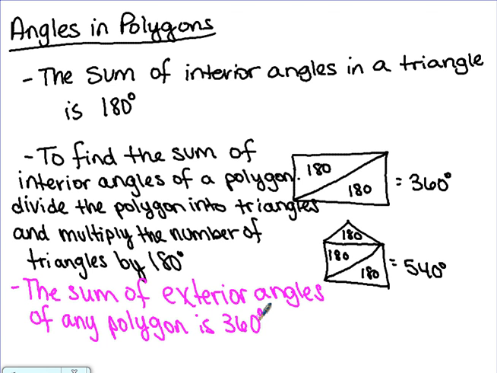When we say exterior angles, we're talking if these sides were extended, these angles would be the exterior angles. And the sum of any exterior angles of a polygon is 360 degrees. Let's look at an example of this.